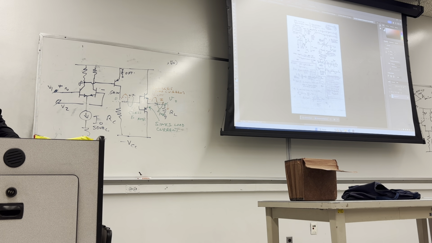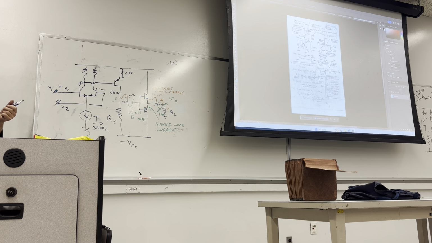So if the sinusoidal voltage is way bigger than 0.7, this distortion will be almost unnoticeable. I mean, not significant. But if the signal is small, which in the case of playing low music, it is small, you need this thing to disappear.